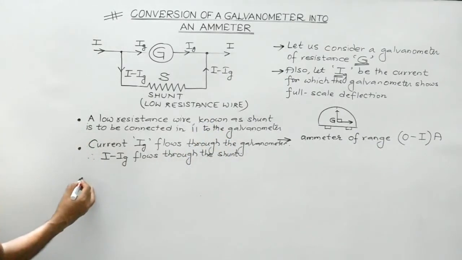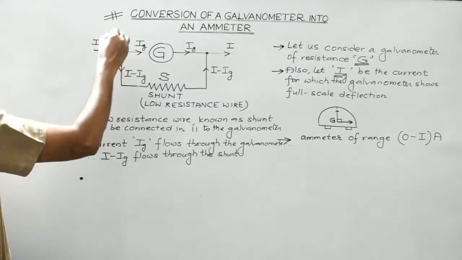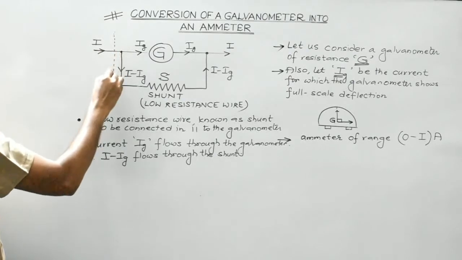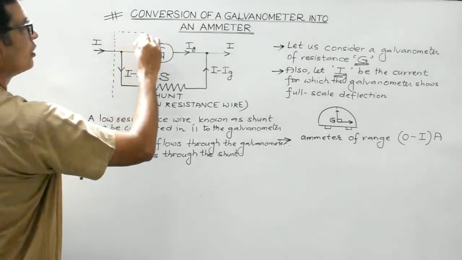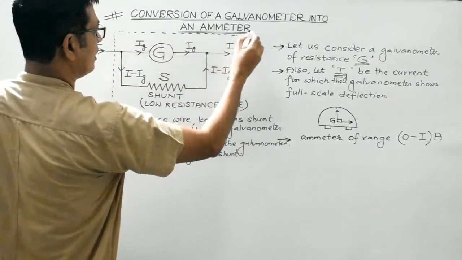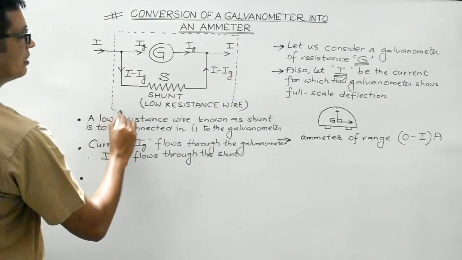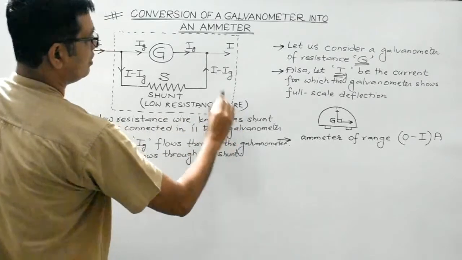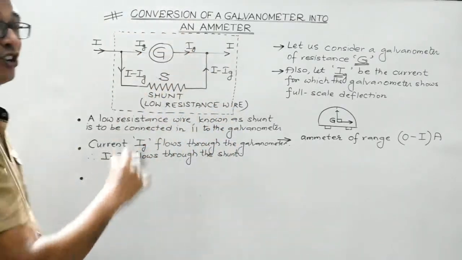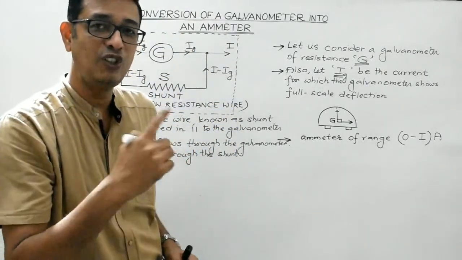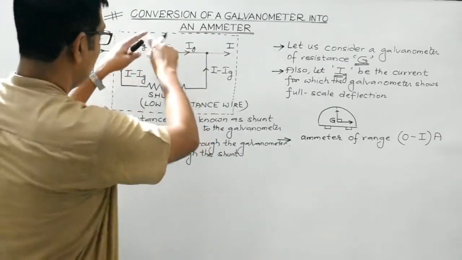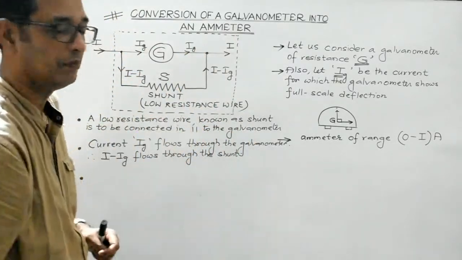Right, students? Third point. This parallel combination of galvanometer and the shunt constitutes an ammeter. This is the parallel combination of galvanometer and the low resistance wire, that is shunt. This constitutes an ammeter.